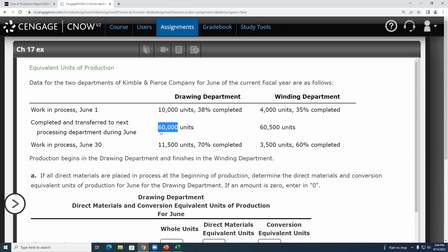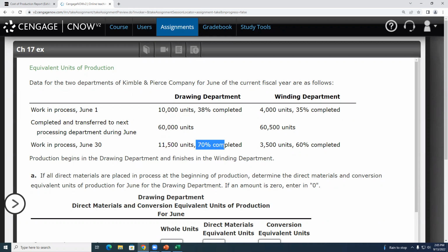So of the 60,000 units that were finished, disregard what I said earlier, 10,000 were from beginning inventory, 50,000 we started in June and finished in June. And then we had another 11,500 units that we started in June but did not finish.